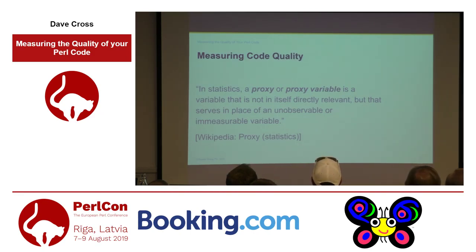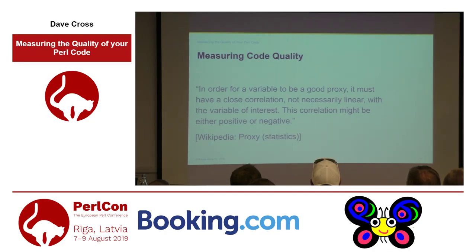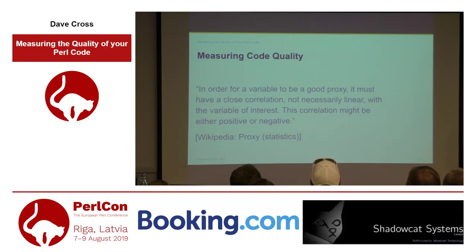And we're in the situation where we have what is unobservable or immeasurable. In order for a variable to be a good proxy, it has a close correlation, but not necessarily a linear correlation, with the variable we're actually interested in. And also, it's interesting to note that the correlation could be positive or negative. Now, some examples might make that a bit clearer.